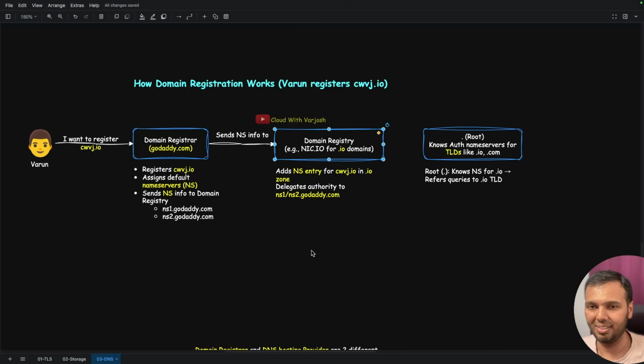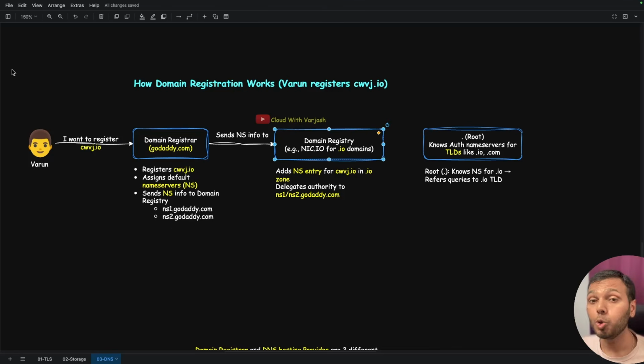Now when someone accesses cloudwithvarjosh.io, root will direct to .io, and .io will direct to the cloudwithvarjosh name servers, because it already knows the name servers that are hosting the zone file for cloudwithvarjosh.io.